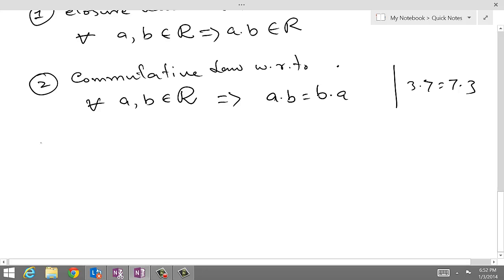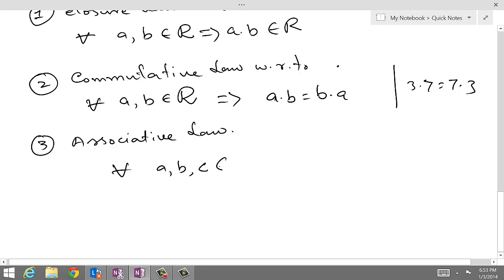Again, associative law. For all a, b, c belonging to R, we have a times (bc) is equal to (ab) times c.